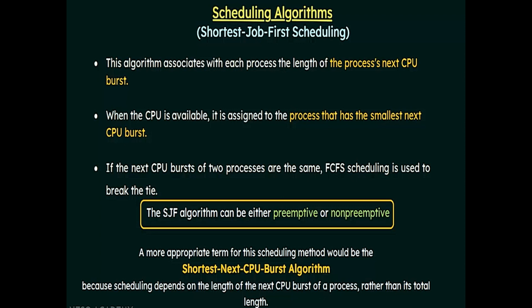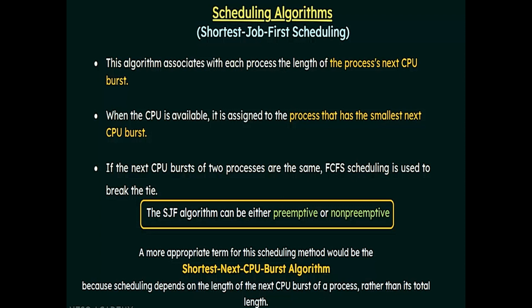It means the burst time is associated with each process, and the CPU finds out which process contains the smallest burst time, and the CPU is allotted to that particular process. So this is the concept of shortest job.